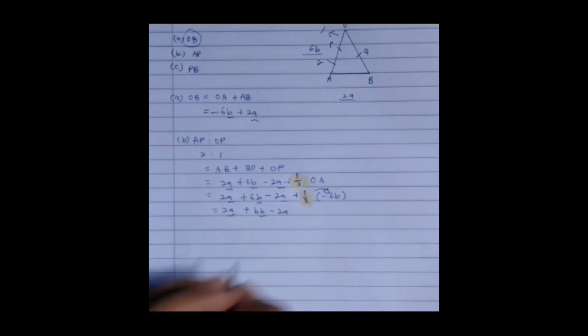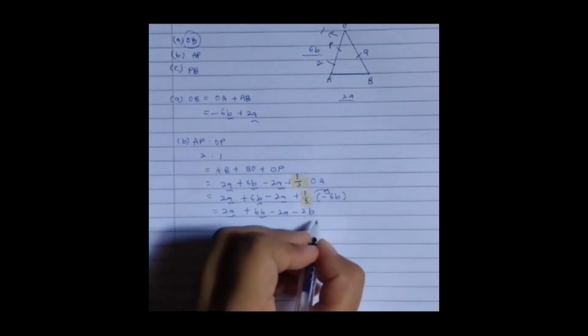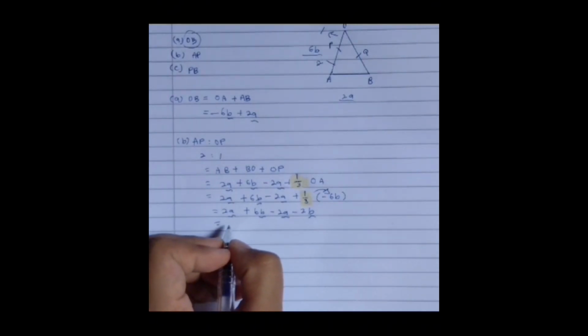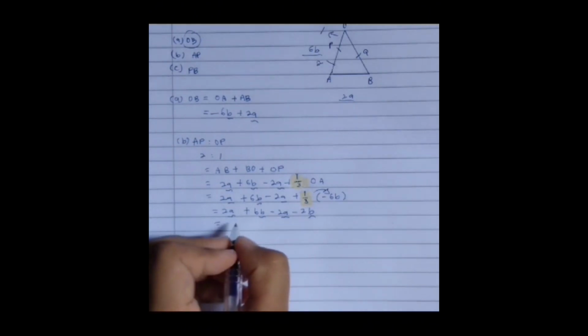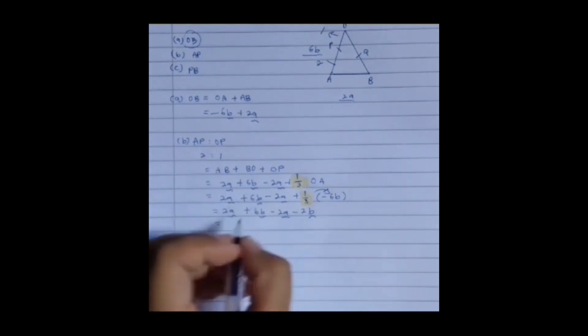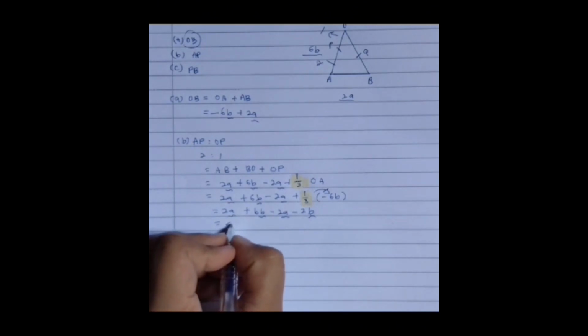So it will be negative 2B. So at the end we will add all, which is 2A minus 2A, which is 0, and 6 minus 2 is 4B.